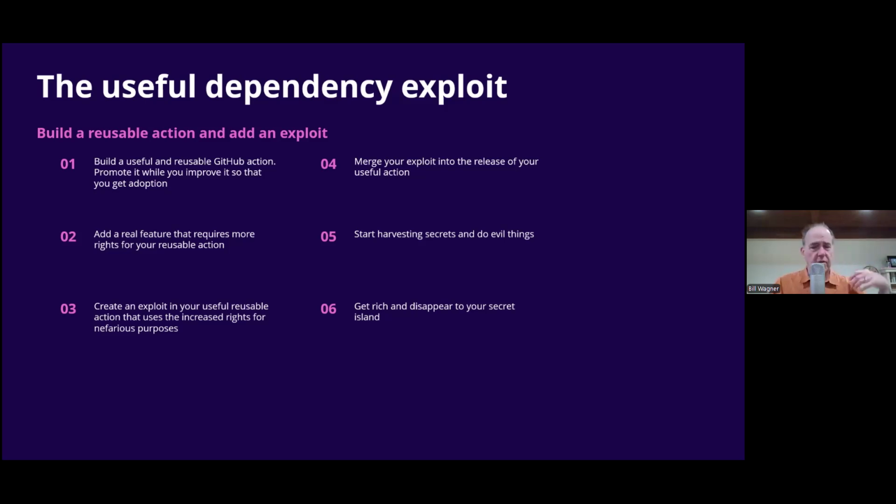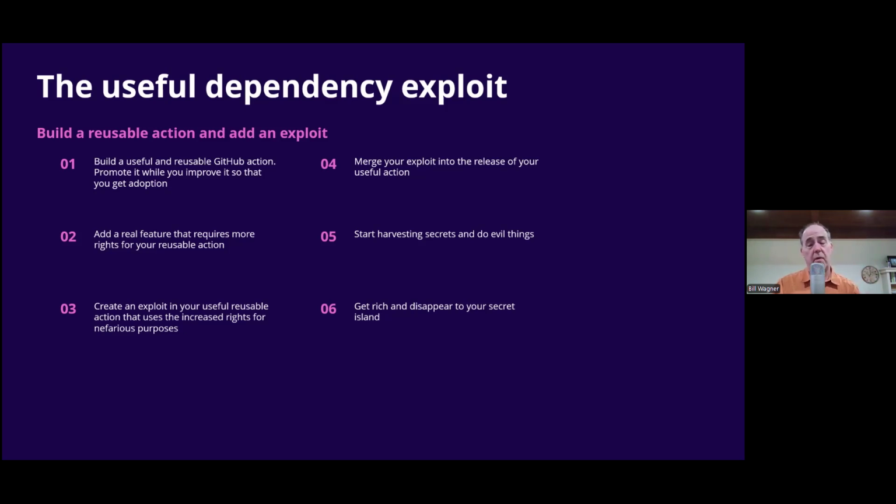And now after you start using that new version, you see it's okay. Now I'm going to create an exploit in a patch version of my marketplace app and go, you know what? I'm going to now use those increased rights that you gave me, and I am going to do something evil because that's just how I roll. After I've gained trust, I'm now going to exploit it in a more nefarious way.